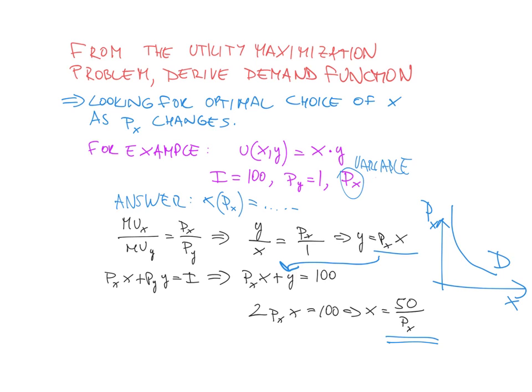Shift to the left. Price of Y goes up, your demand for X decreases. Agree? Yes? No. You're not thinking, you're just assuming it. If you agree, then explain to me why.